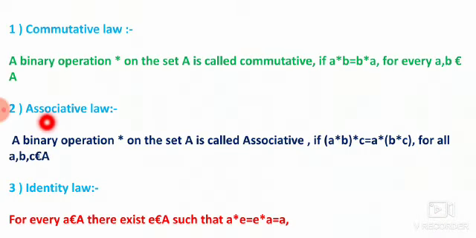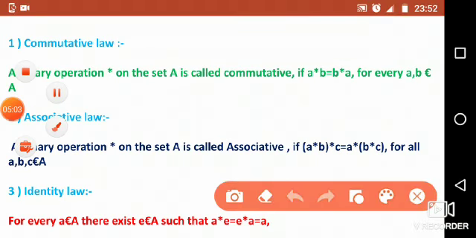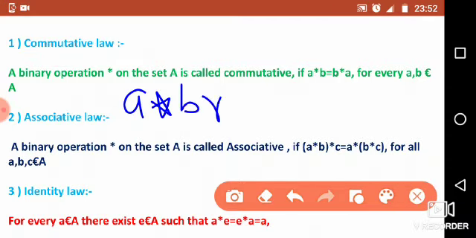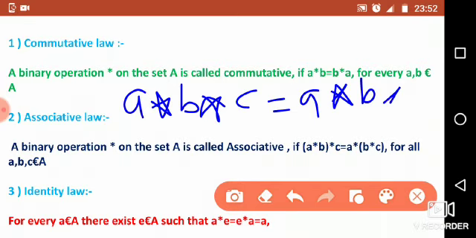Similarly, we have another law called associative law. A binary operation star on the set A is called associative if (a star b) star c is equal to a star (b star c) for all a, b, c belonging to A. My dear students, to check the associativity of a given set, we have to write (a star b) star c is equal to a star (b star c).